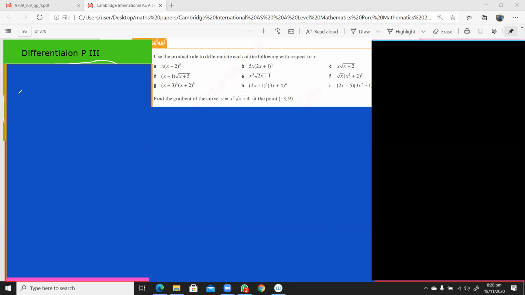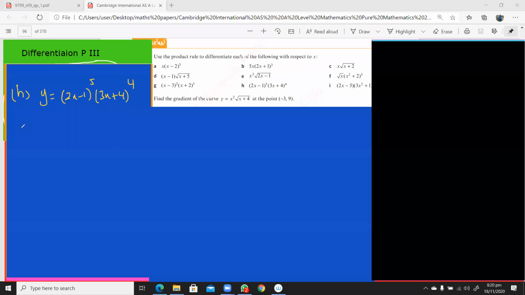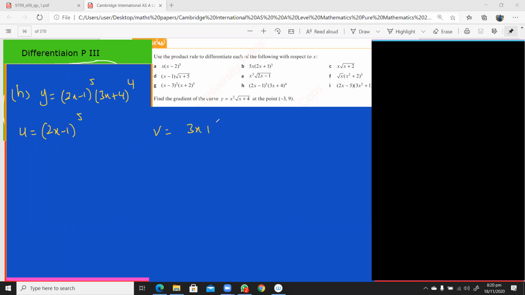Okay, this H part. Now this H part is, let's write this as y is equal to 2x minus 1 raised to power 5, and then you have 3x plus 4 raised to power 4. So we should start by saying that my u is 2x minus 1 raised to power 5, and my v is 3x plus 4 raised to power 4.